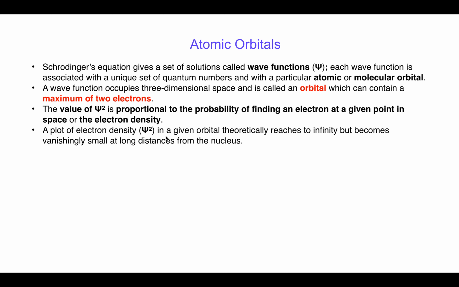When we plot electron density in a given orbit, this plot theoretically reaches to infinity but becomes vanishingly small at longer distances from the nucleus, and this could be shown in this figure. For example, this is the nucleus. Starting from the nucleus, there is no electron density.